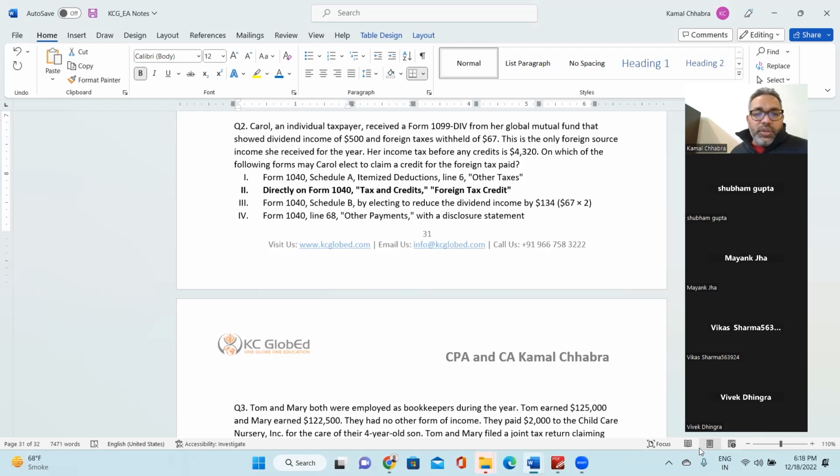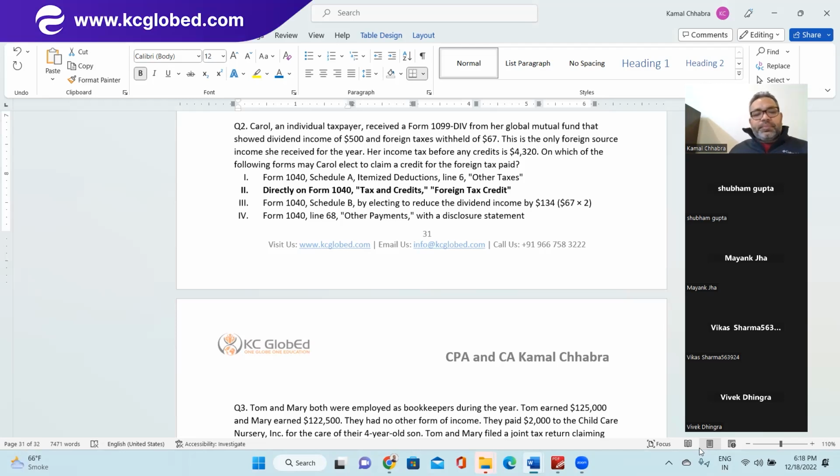Form 1040 Schedule A, itemized deduction; directly on Form 1040, tax and credit as a foreign tax credit; or Form 1040 Schedule B by electing to reduce the dividend income; or Form 1040 line number 68, that is other payment, with a disclosure statement.